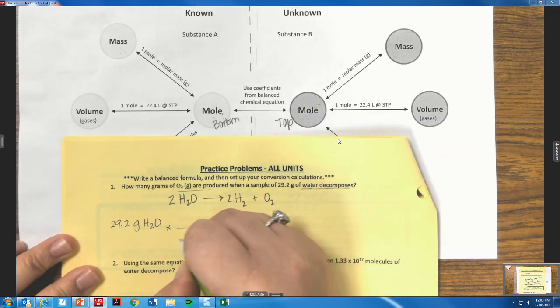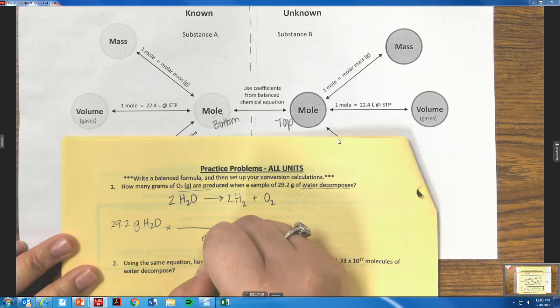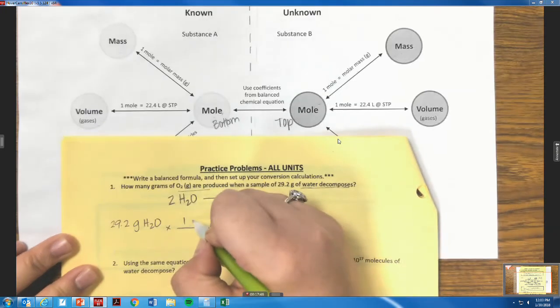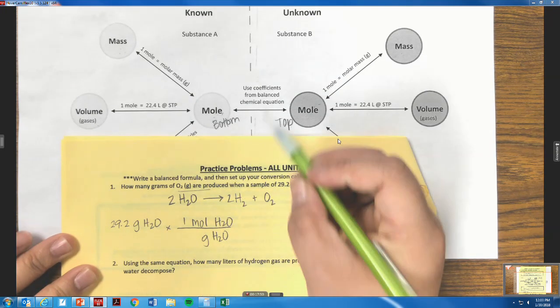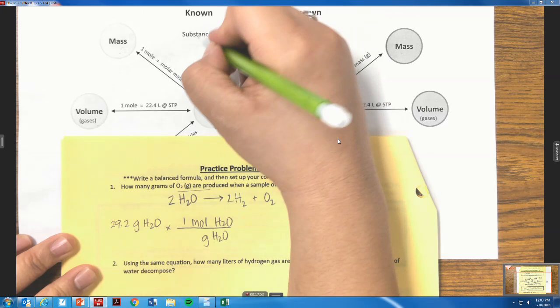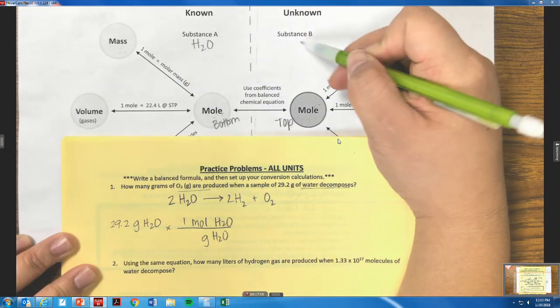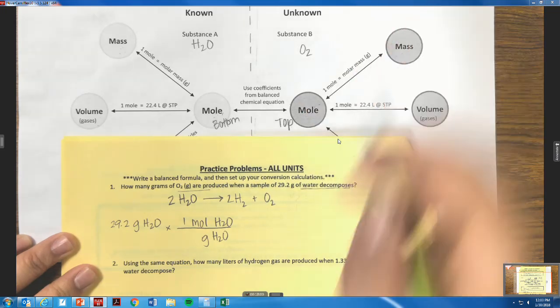So if this is grams of water, then at the bottom is going to be grams of water as well, and on top is going to be my 1 mole of H2O, right? Because my substance that I know is H2O, and I'm trying to find substance B, which is oxygen.